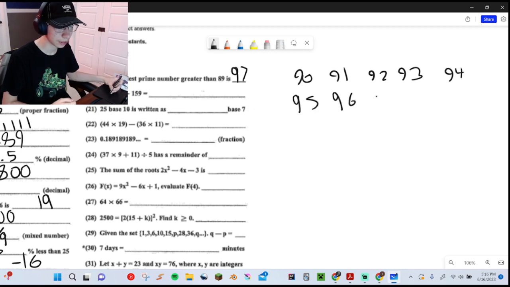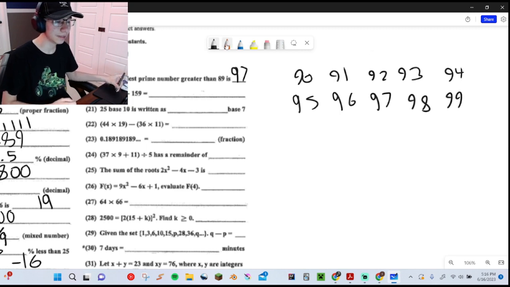Let's say I'm just checking a few numbers ahead, like 10 numbers ahead of 89. Well, all the even ones are out of the way already, because no evens besides 2 can be prime.